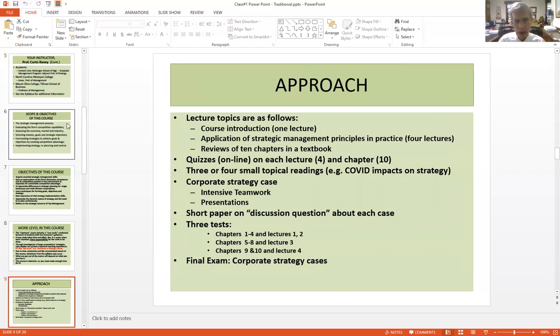And so what I'll do, if you're in a class with me, which you may not be, but if you are, is try to share with you in these lectures some of the methods by which strategic management is actually practiced.